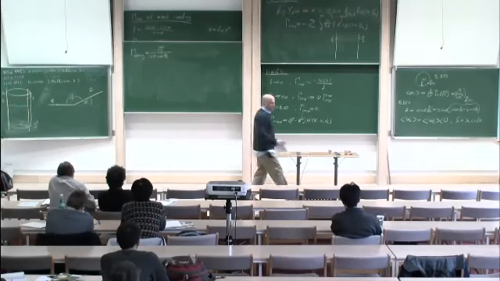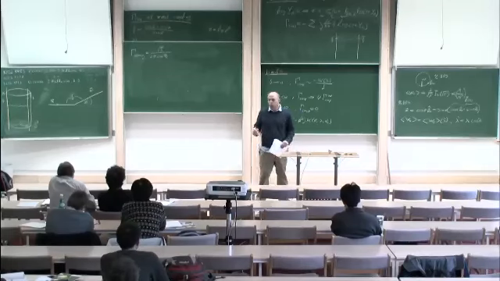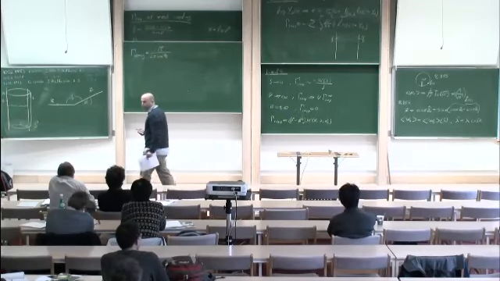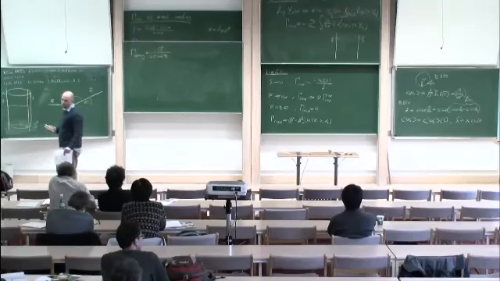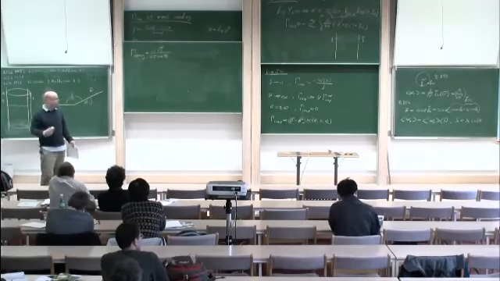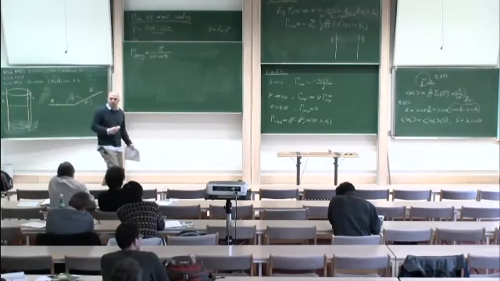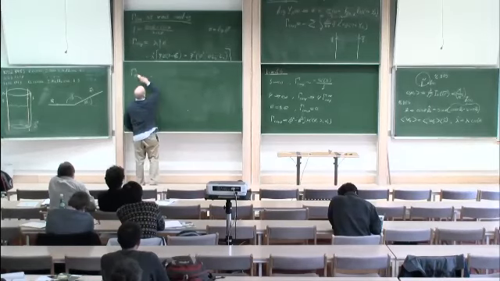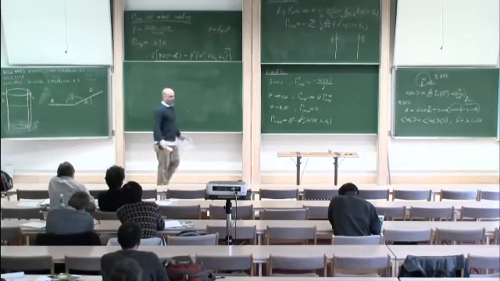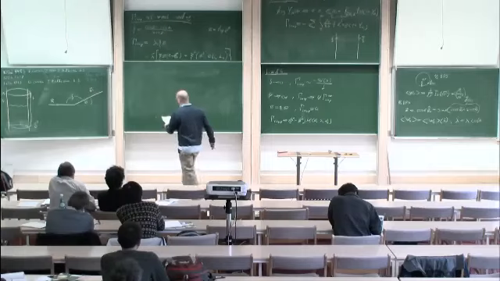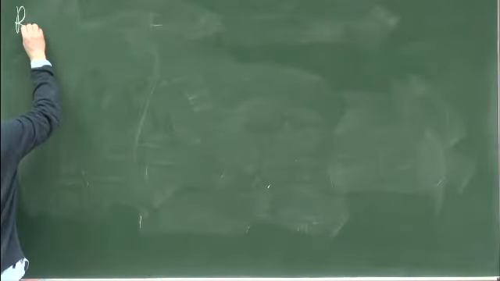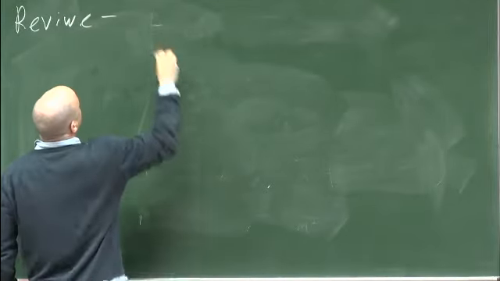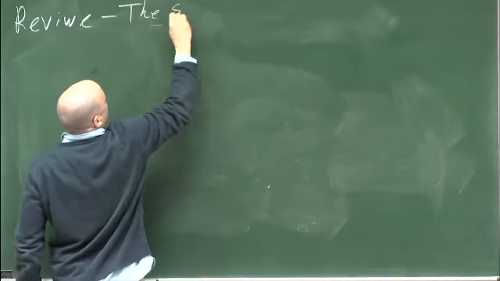So to start, let me just review how the problem of computing the dimension of local operators in N=4 super-Yang-Mills was solved. And then we will apply similar techniques for this computation. So start with this review. It's called the spectrum problem.